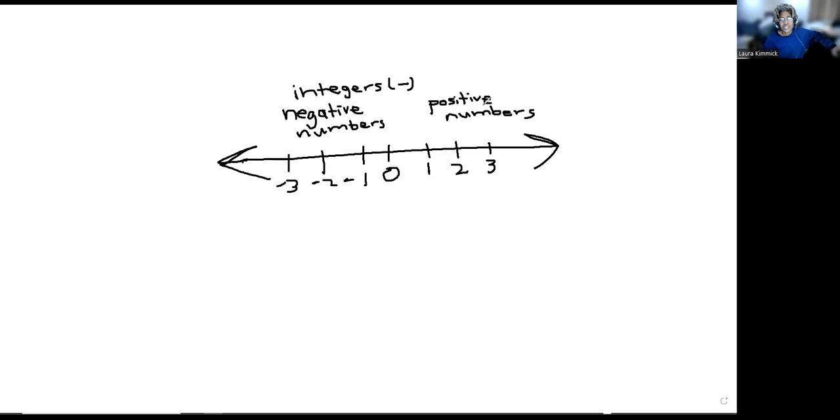And numbers are also known as, I'll put over here, integers. All right, there we go. And these are known as counting numbers. Let me undo that, make it closer.